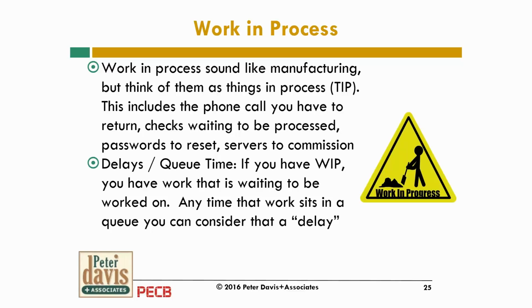Or somebody wants to commission servers, and they haven't been spun up, and so that's, again, a thing in process or a work in process. When I have work in process, you have work that is waiting to be worked on. So that's a type of waste, which is called a delay. Okay? So if I create a document and it waits for approval, that's an example of delay.